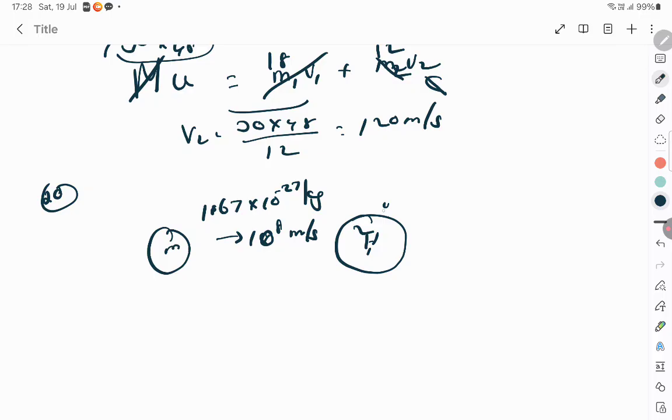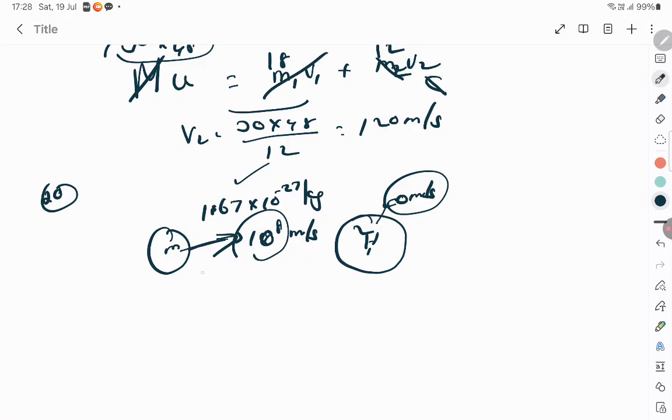So the initial velocity of the deuteron was 0 meter per second, but the neutron has got an initial velocity. They both are colliding. One has got 10 to the power 8 meter per second, the other has got 0 meter per second, and the mass of the neutron has been given. They are saying it's colliding with a deuteron and sticks to it.